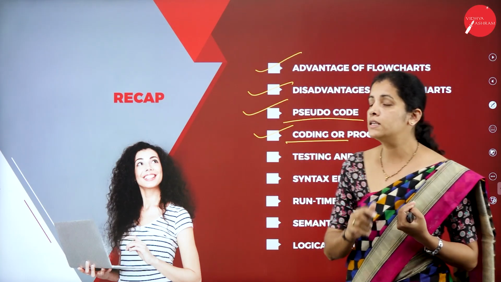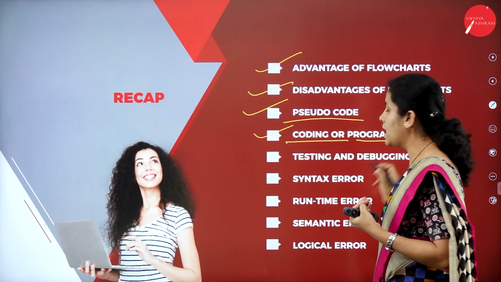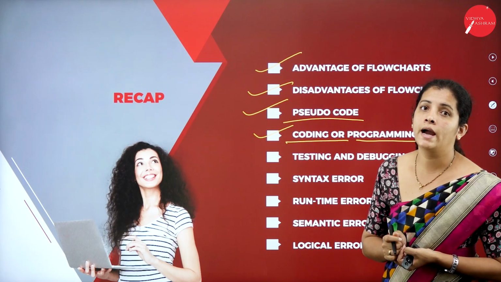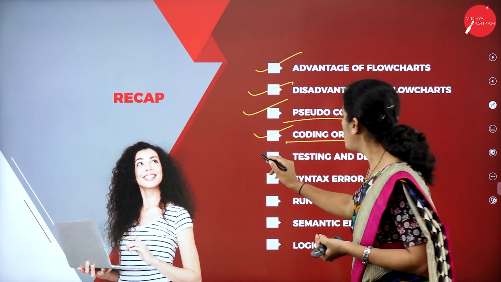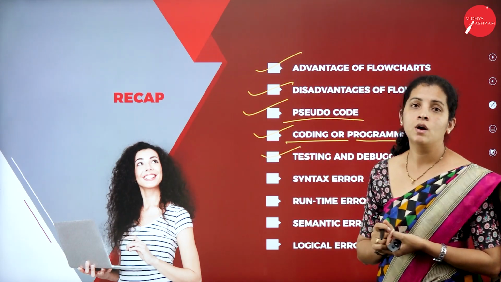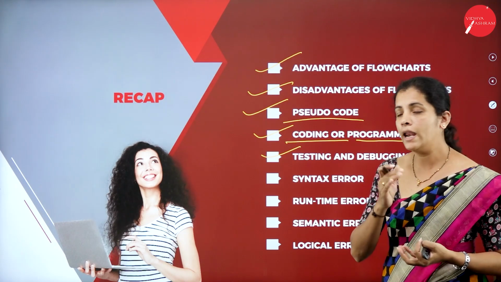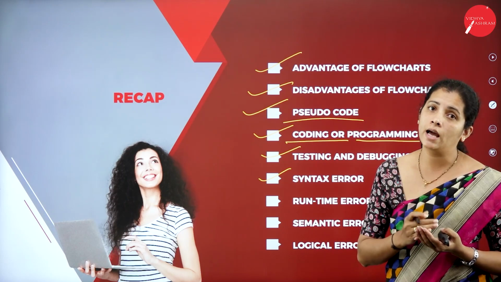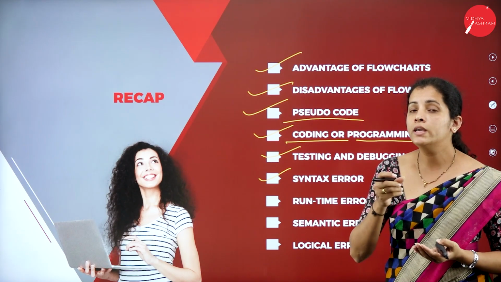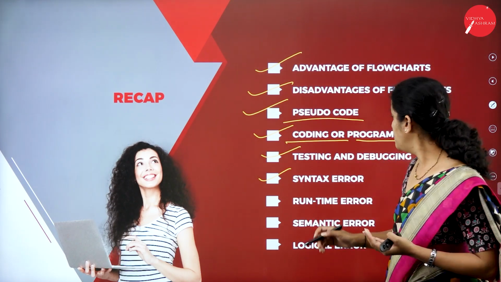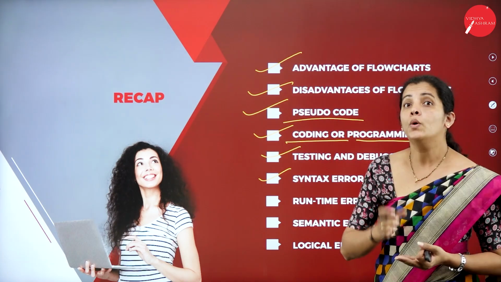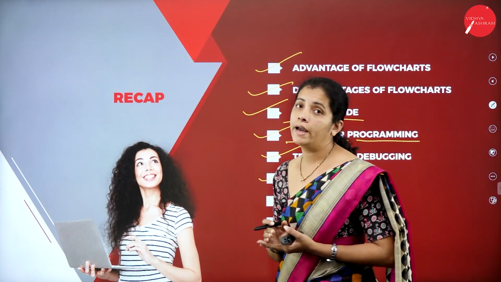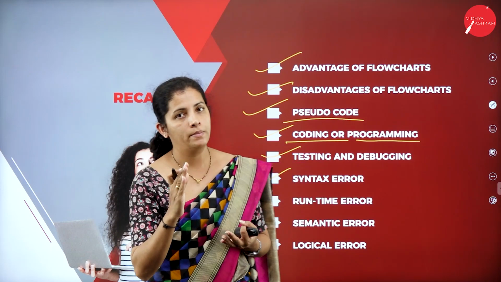Here coding is nothing but the programming. Along with that, we had discussion regarding what is testing and what is debugging, and the different types of errors. Here error is nothing but the bugs, which I'm going to get during debugging.